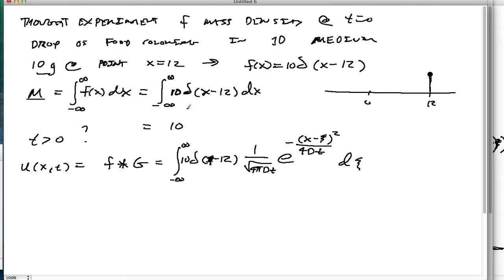And just like up here, remember that anytime we have an inner product, we can think of this as an inner product of delta with our function g, evaluated at 12.